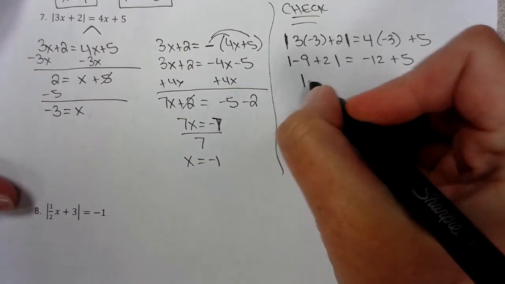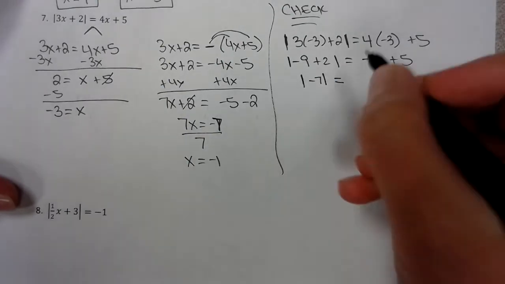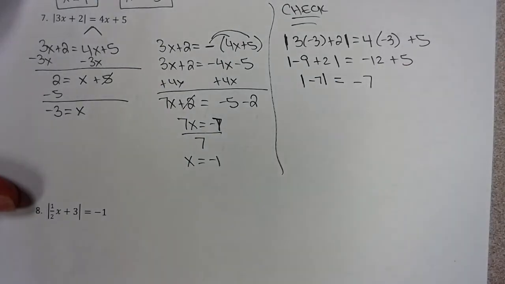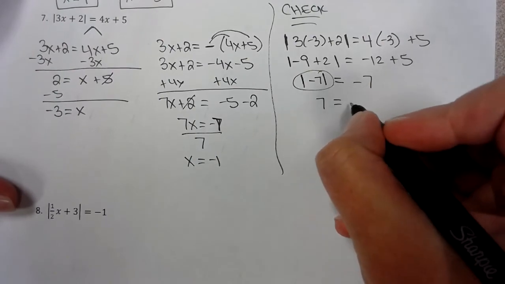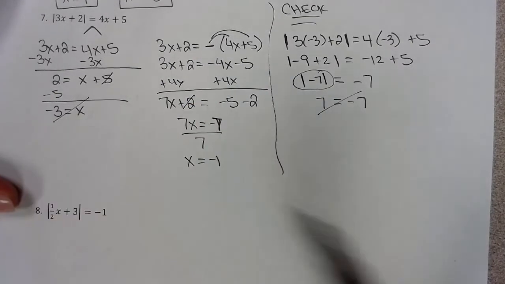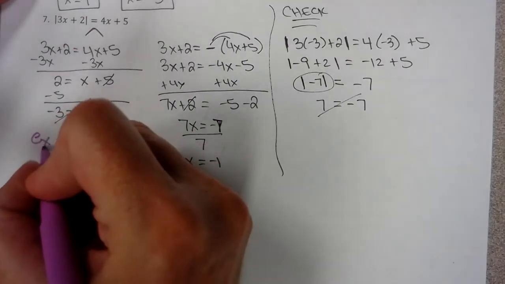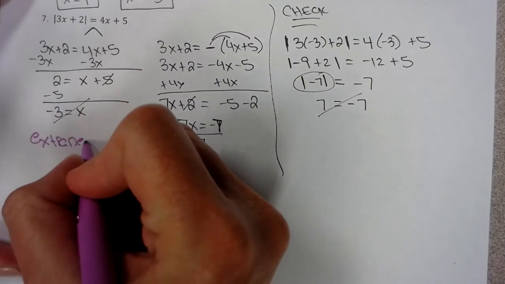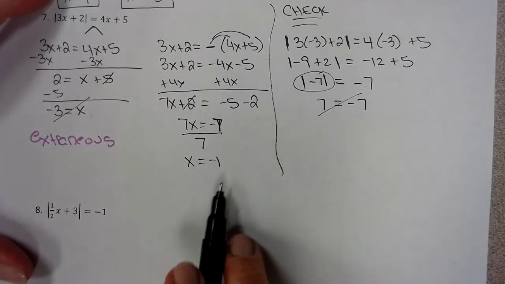Negative 9 plus 2 is the absolute value of negative 7. Negative 12 plus 5 equals negative 7. The absolute value of negative 7 is positive 7. So that is a false statement. So x equals negative 3 is not one of my answers. It is what we would call extraneous. That is one of your extraneous solutions.